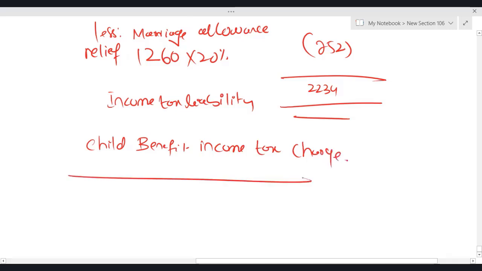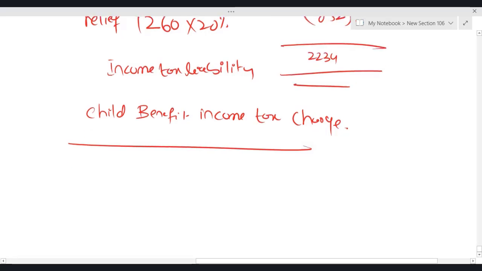Obviously, in UK, the government is really good. They do take care of, I would say, children as well. Now, for example, let's say the government has given child benefit to the parents, but the rule says if any one of them is having, it's not necessary, either wife or husband, could be any one of them.